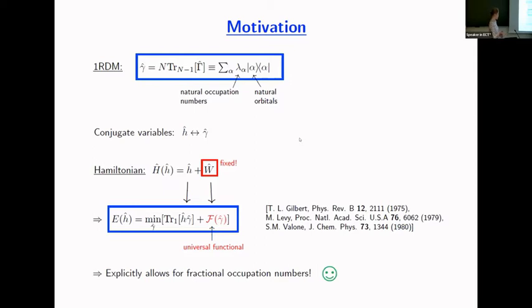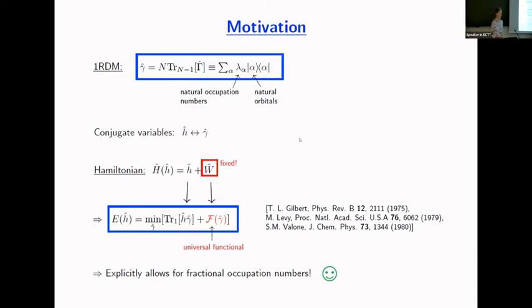We have some energy functional, which consists of the one particle energy and the universal functional, which contains only the interaction, but no information about the one particle Hamiltonian. And then we just minimize this energy functional over all 1-RDMs to obtain the ground state energy E of h. Of course, the set you minimize over depends on the formalism of 1-RDMFT you use.